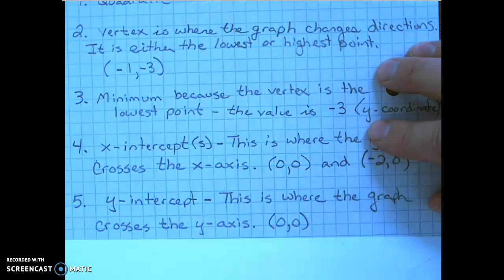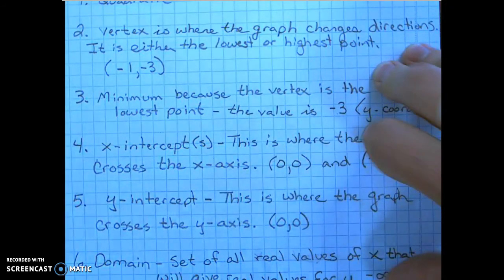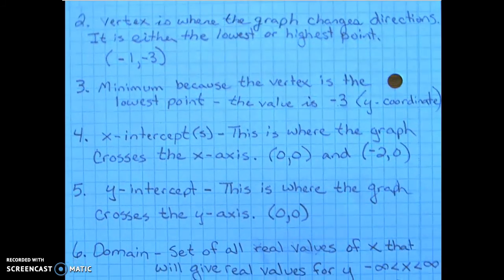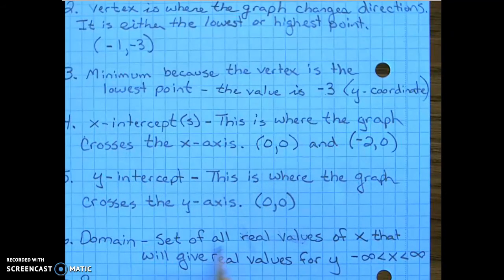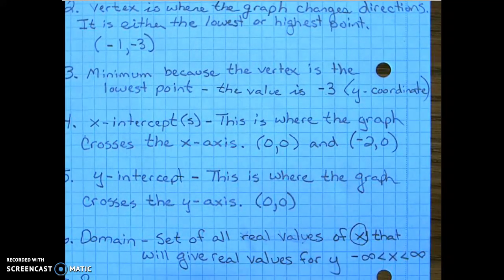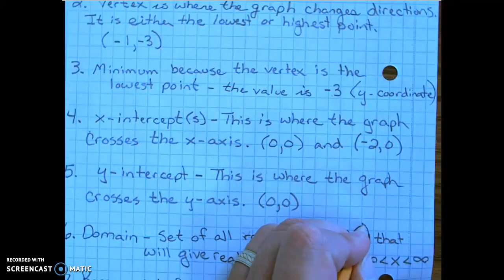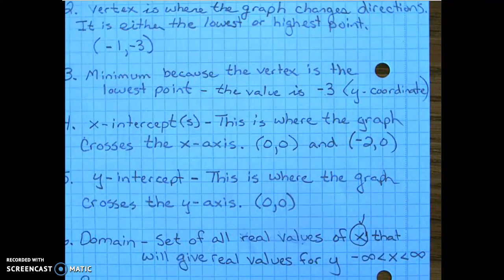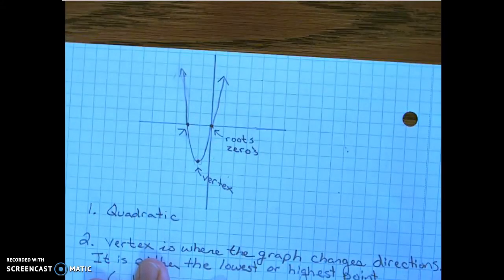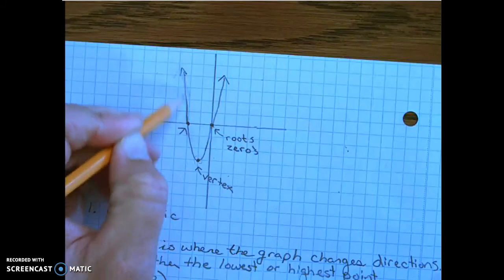These must be done. Continuing on, we're going to look at domain, which is the set of all real values of x that will give you real values for y. So we're looking for all the real values of x in the function. If you'll notice, this is a continuous graph, which means there are no breaks in it.